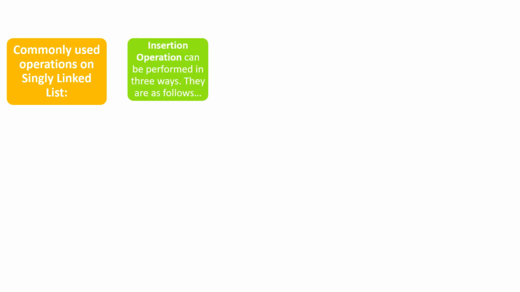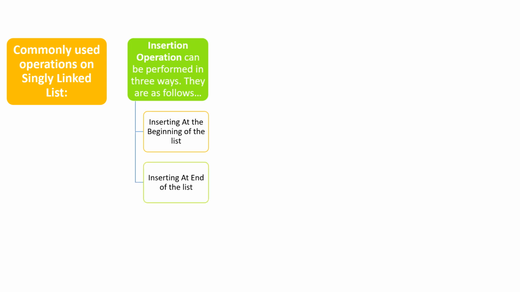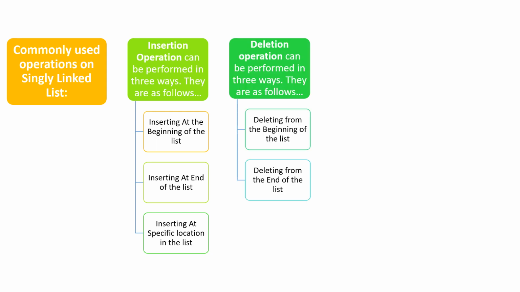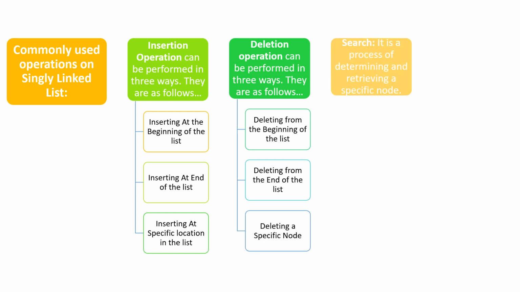And we can see the operations which can be performed on this singly linked list. Insertion can be performed in the following ways: inserting at the beginning of the list, inserting at the end of the list, and inserting at a specific location in the list. And deletion can be performed at the beginning and at the end, and deleting a specific node.